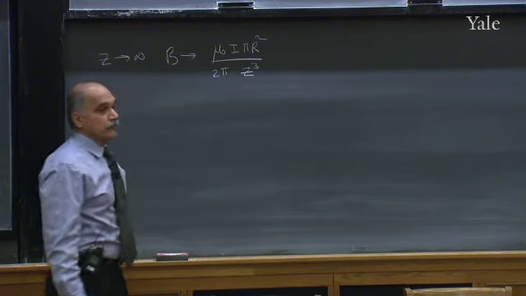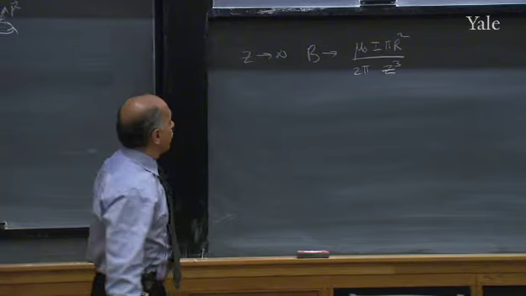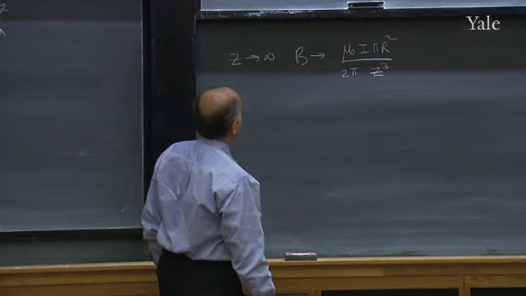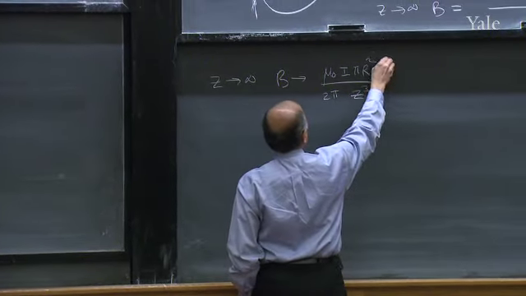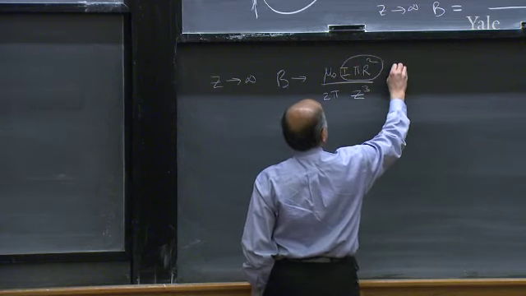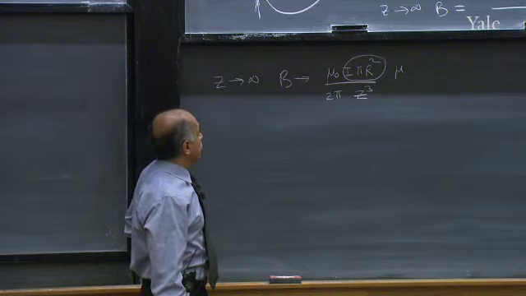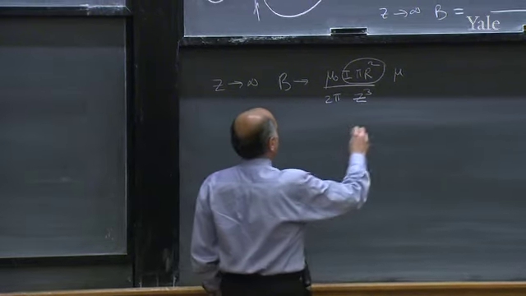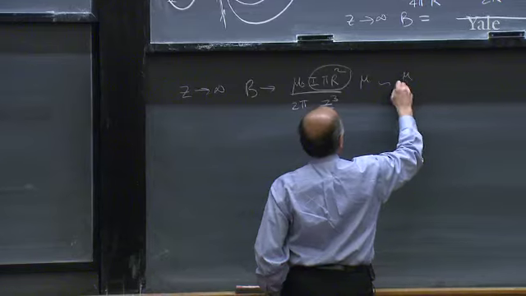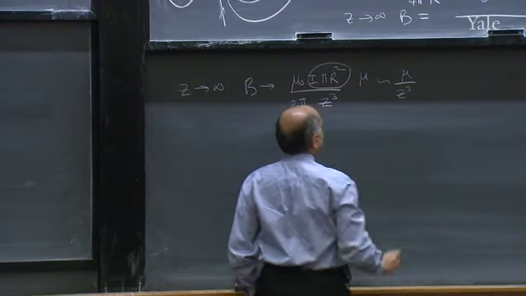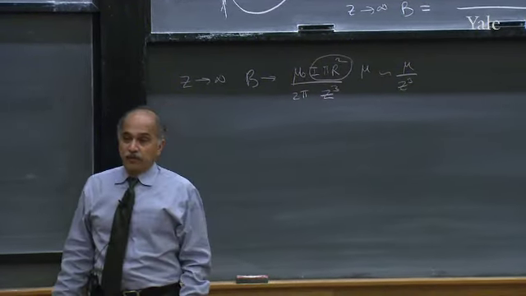I'll tell you why I don't cancel the pi's. I know you guys are dying to do that. But pi r squared times I is the dipole moment of the loop. Remember, it's the area times the current. So ignoring all the factors, it looks like the dipole moment divided by the distance cubed. That's exactly how the field went for an electric dipole.